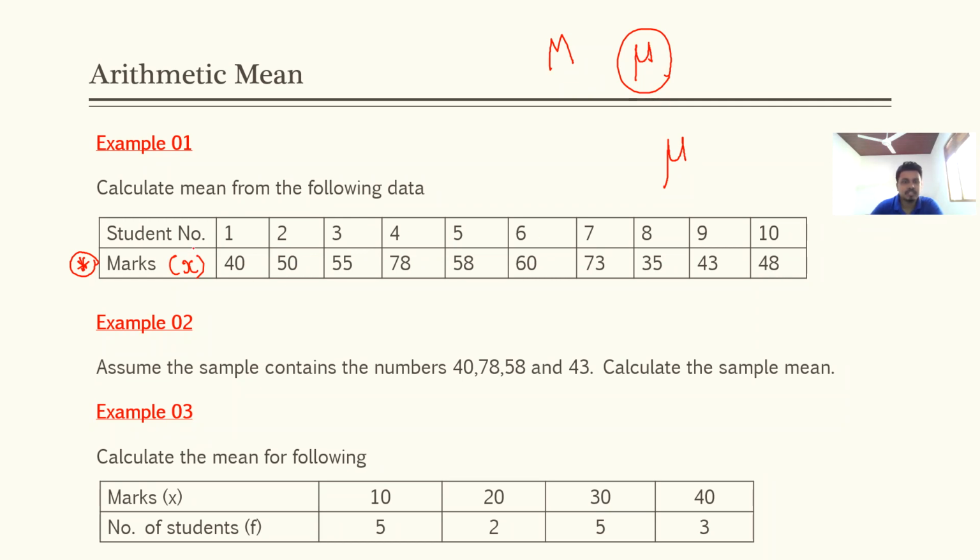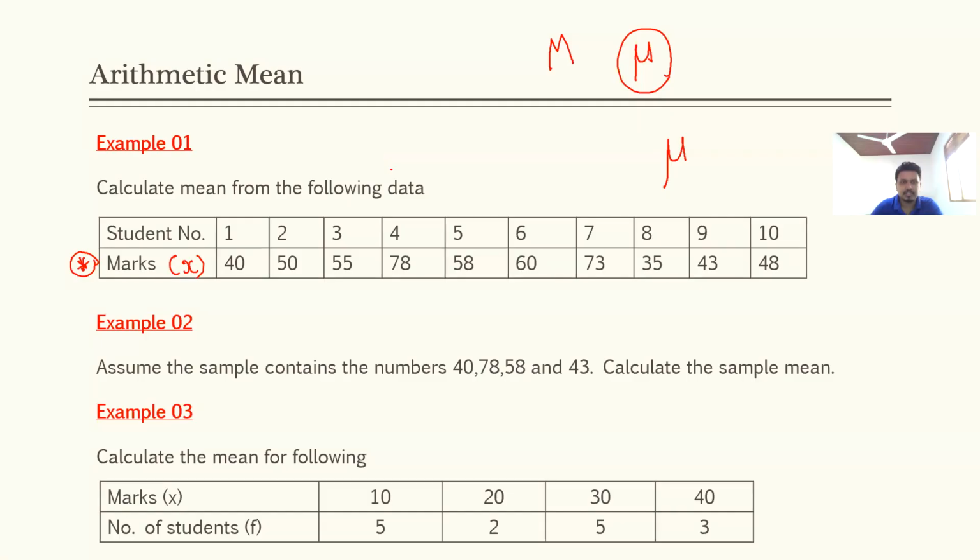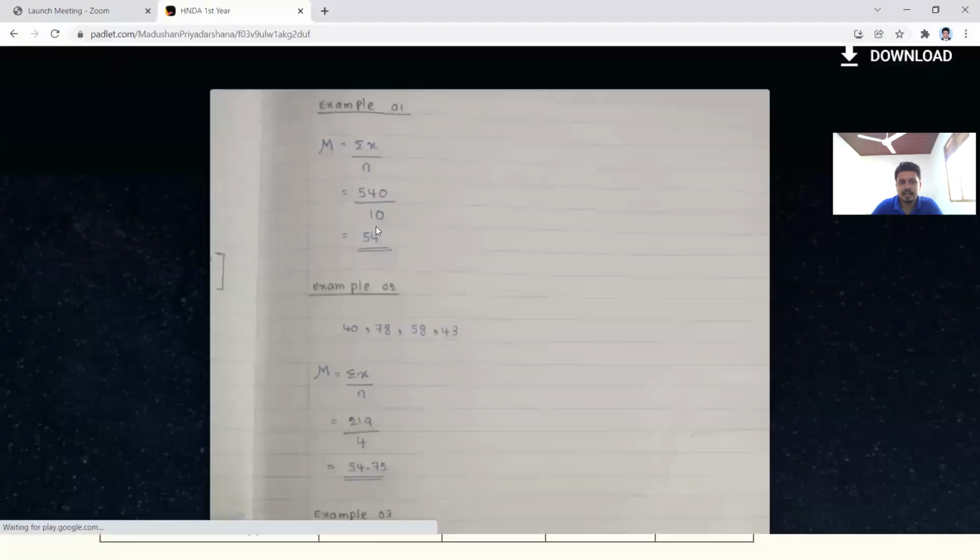The summation of this is what we call sigma x, that is 540. 540 divided by n. n means the number of observations. From how many students have we gathered this data? We have collected this data from 10 students, so we divide by 10. Therefore, the mean mark or the average mark is 54.